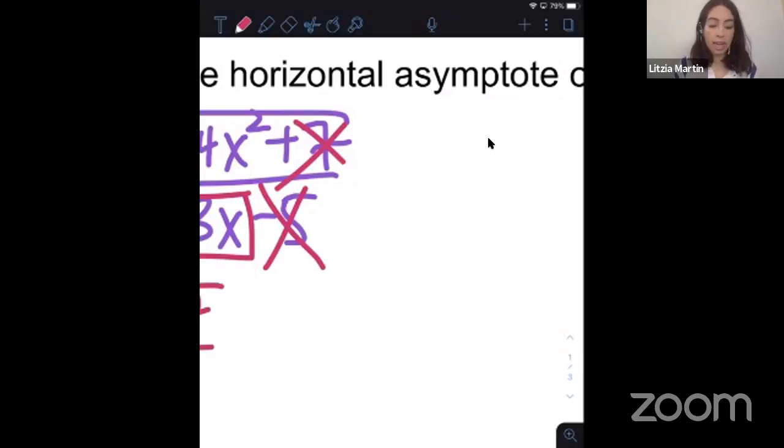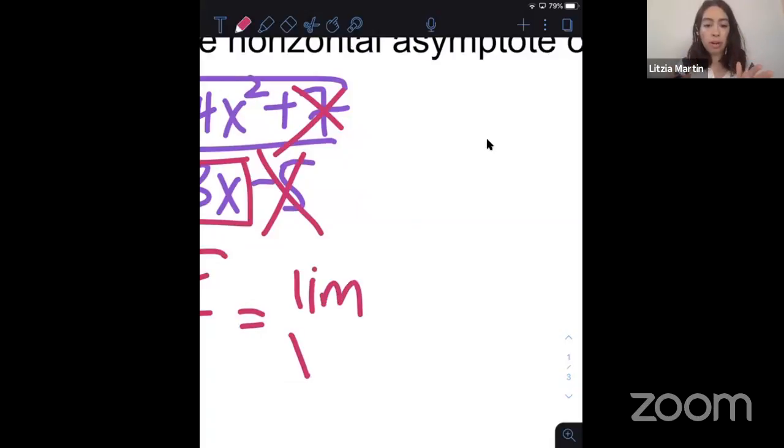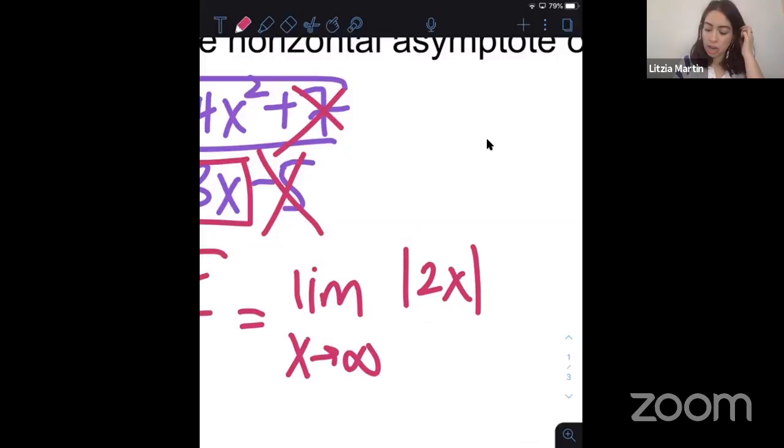So we can think of this as actually just the square root of 4x squared divided by 3x. And the square root of 4x squared is just going to be 2x. But I will write absolute value around that because we know that it should be positive underneath the square root.